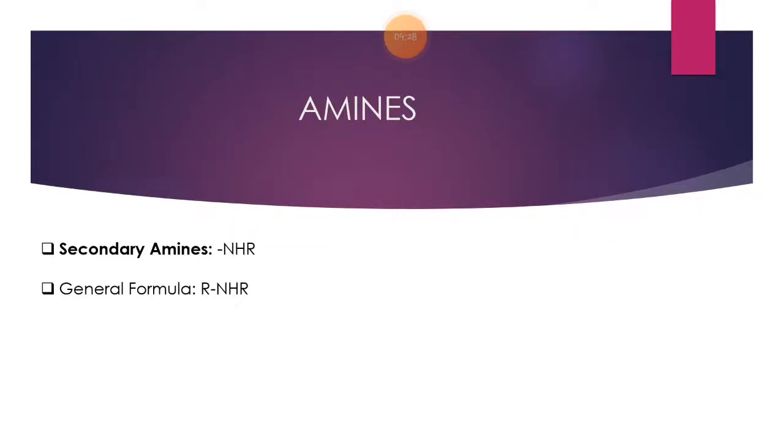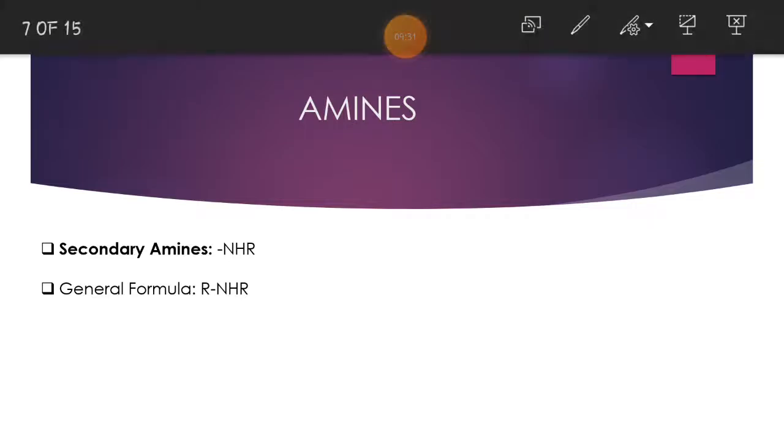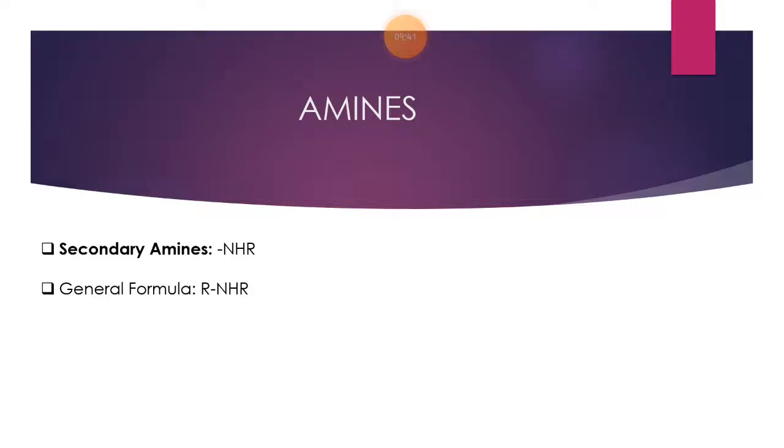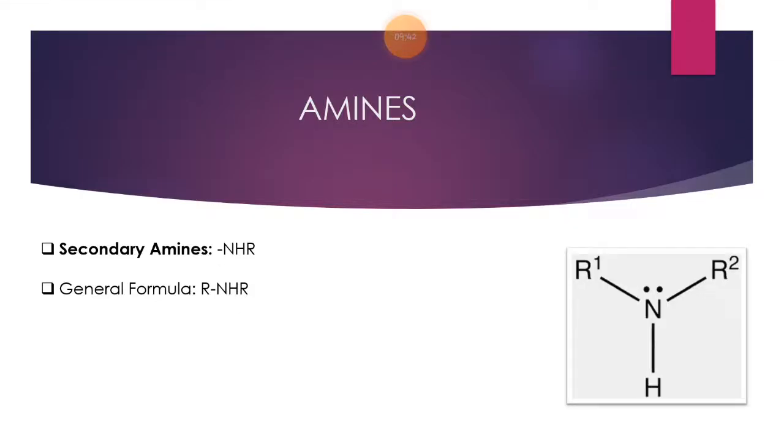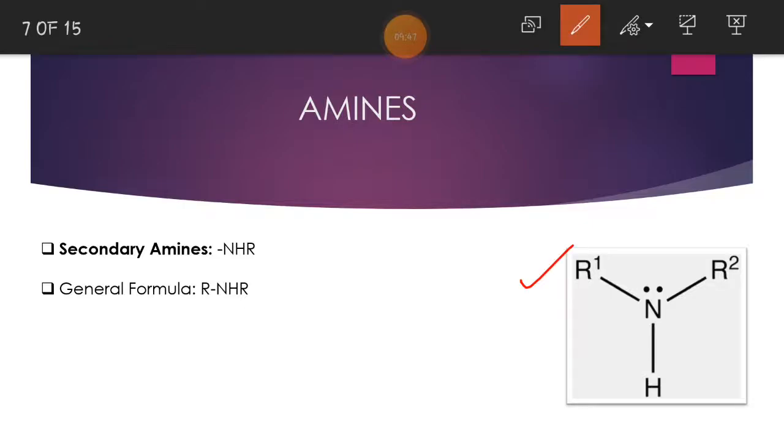Now moving towards the secondary amines, the functional group in the secondary amine is NHR and the general formula for the secondary amines is RNHR. The secondary amines are generally represented like this. Here you may see that nitrogen atom is attached with 2 alkyl groups and 1 hydrogen atom. In the primary amines, we saw that nitrogen atom is attached to only one alkyl group and two hydrogen atoms.